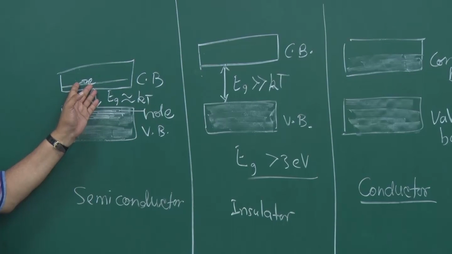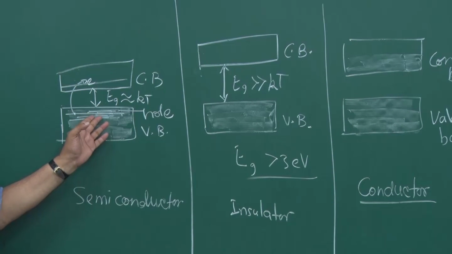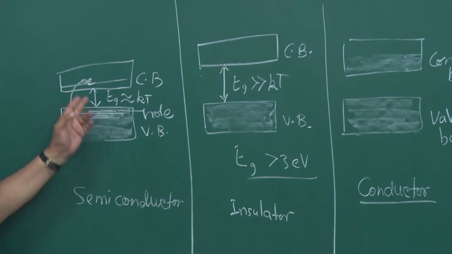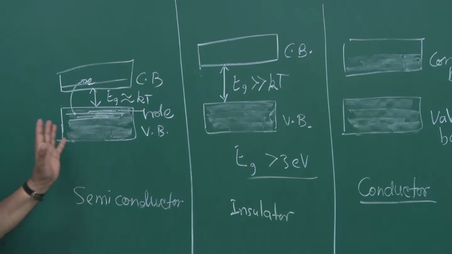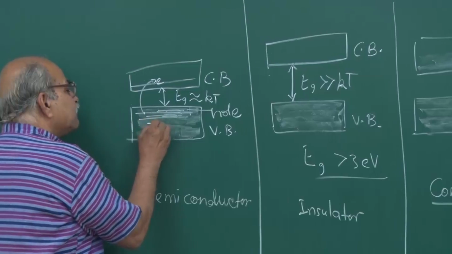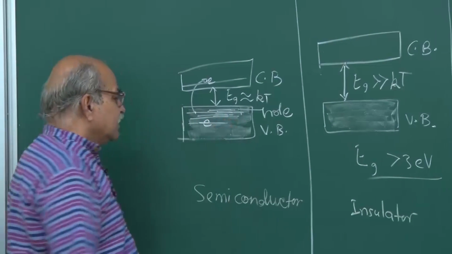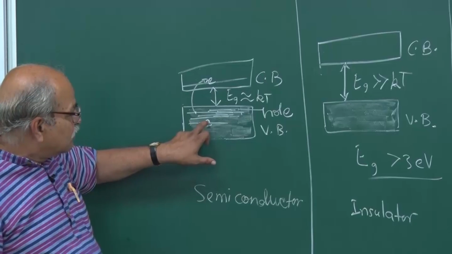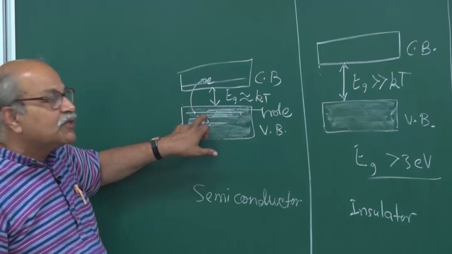And also, since now there are some quantum states here which are empty, because electrons have gone, if you apply an electric field, and you have an electron here in a filled quantum state, then in this neighborhood you also have an empty quantum state.